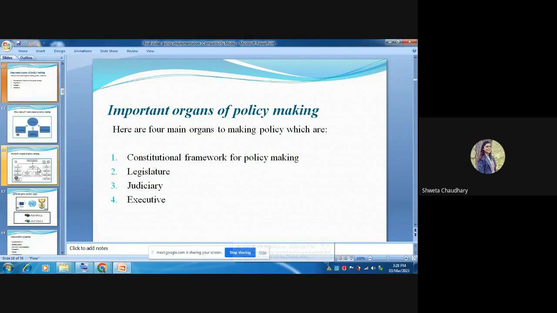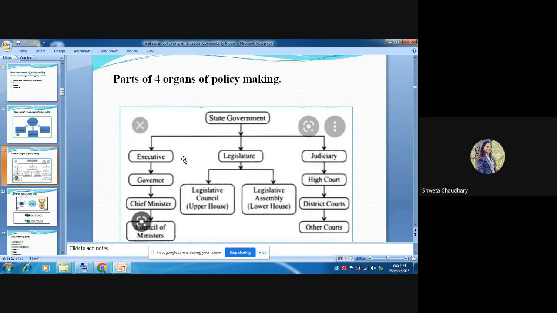Here I can show you. See here, erase this part, state government. Now move to the executive part. What is the executive? The chief ministers, councils of ministers, and legislative, meaning the legislative council, legislative assembly, and judiciary, meaning the different courts that are included under the central or state government.